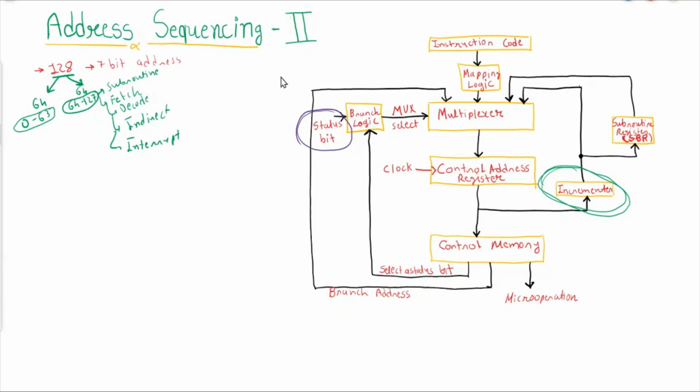Okay, so if we start with the first location, then it will be 1 0 0 0 0 0 0 0. Okay, last location for 63, it will be 0 1 1 1 1 1 1.